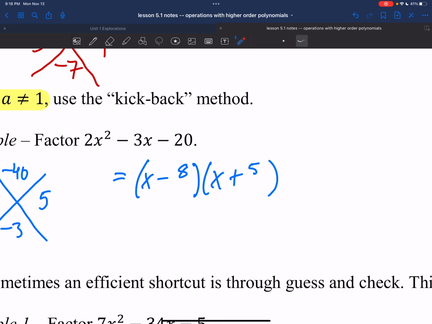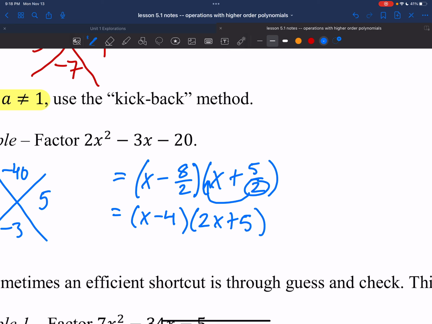So that's not right. But if you divide by a, which in this case is 2, then if it divides evenly, you're done. And if it doesn't divide evenly and you're left with a fraction, then you kick it back to the front. And then it's that. And that works every time.